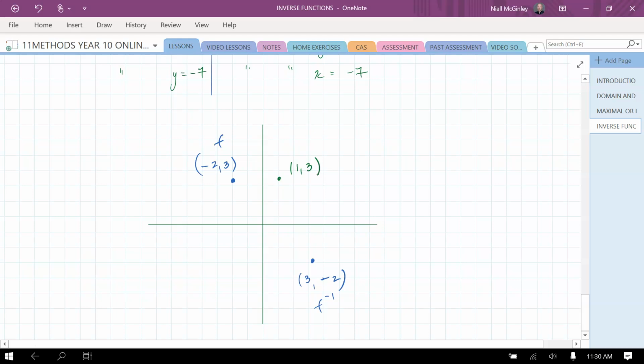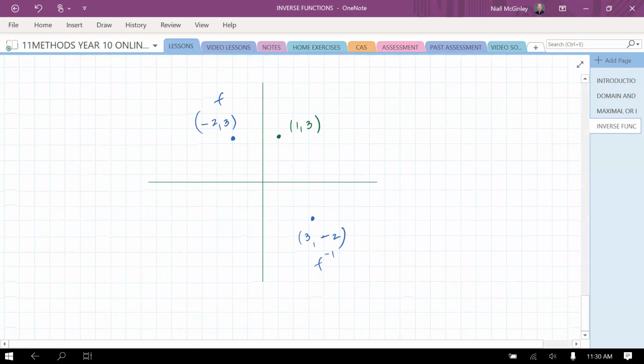Where would that point be on your inverse function? Well, because we swap the x and the y to find the inverse, if we have (1, 3) on your original function, you're going to have (3, 1). That will be the point on your inverse function.